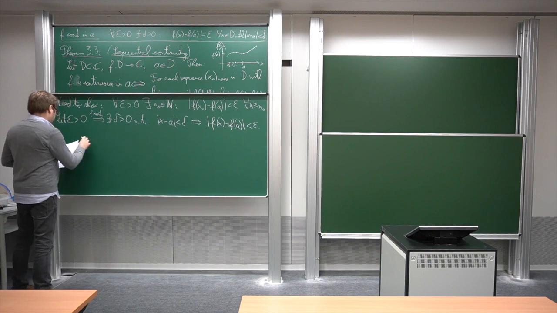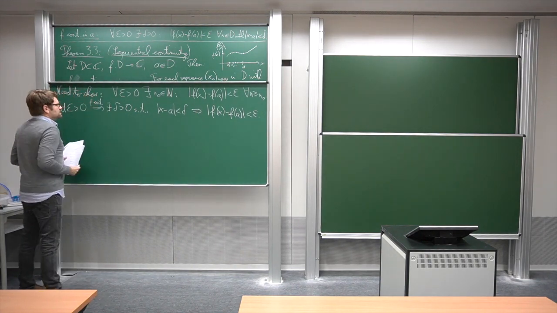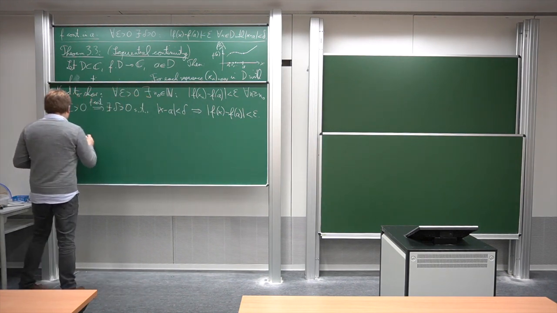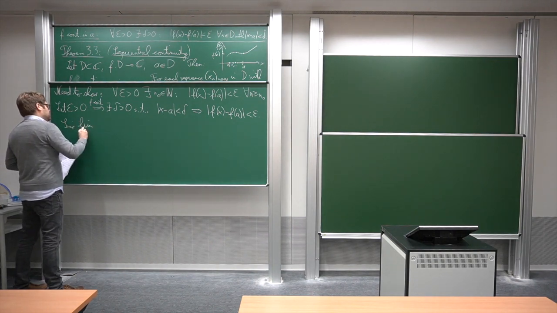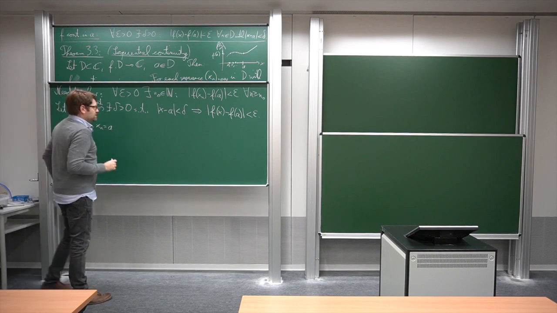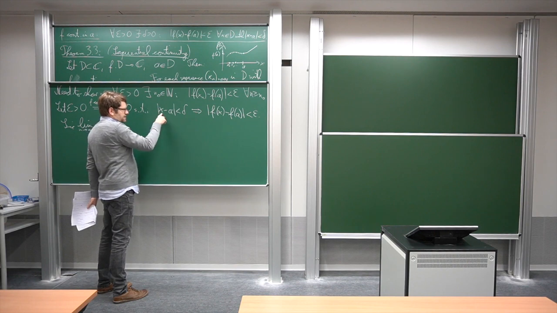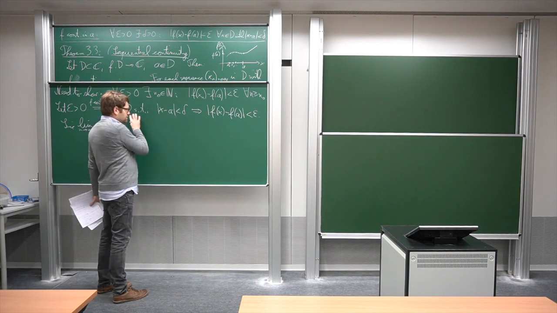But we know that the sequence xn converges to a. Since the limit of xn as n goes to infinity is equal to a, we particularly know that this holds for almost all n in N, so that xn minus a is smaller than some given delta. This delta is something that we have now.